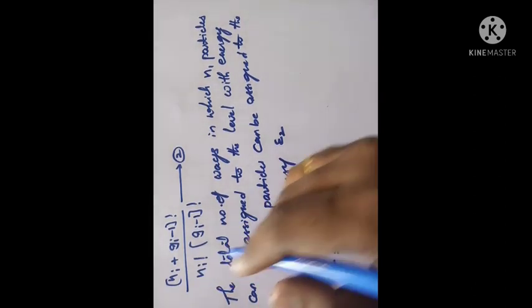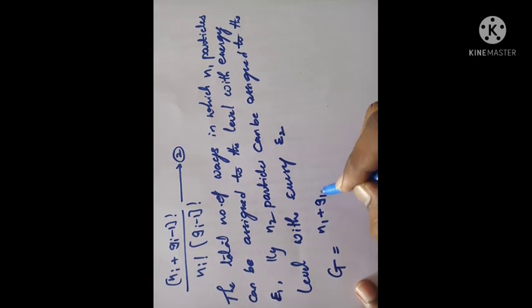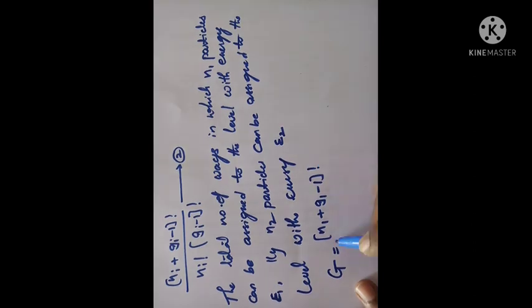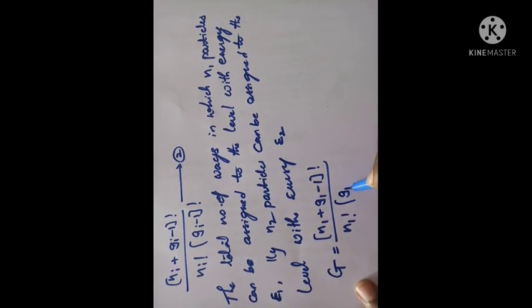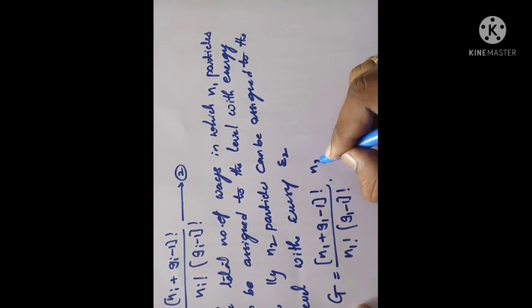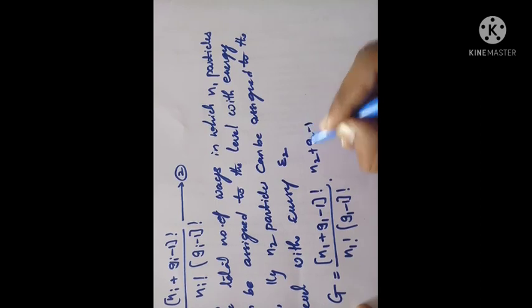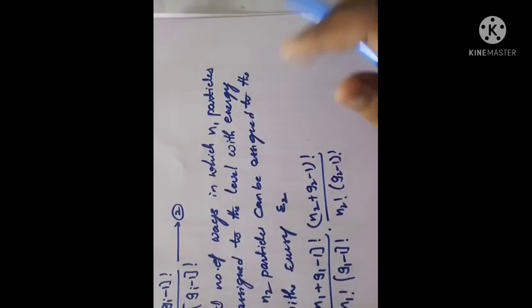where we can write the function g equal to, from equation 2, (n1 + g1 - 1)! / (n1! (g1 - 1)!). Now again we'll write (n2 + g2 - 1)! / (n2! (g2 - 1)!).